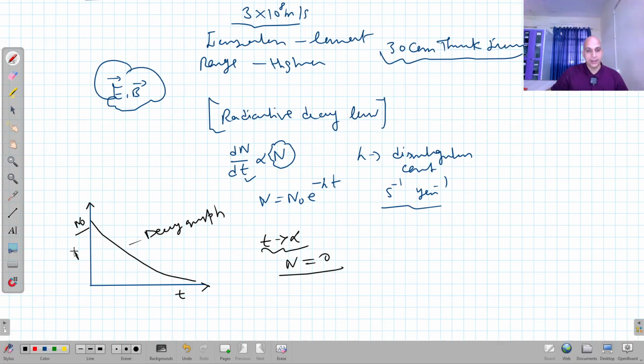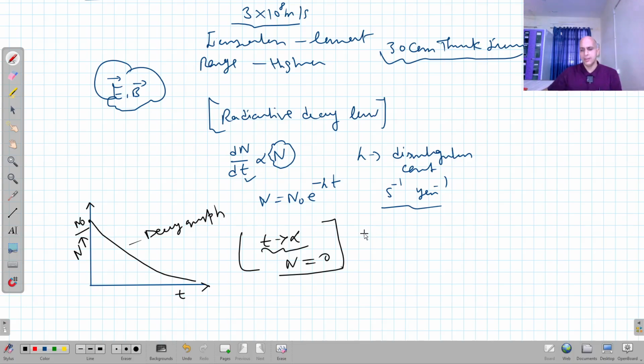So a question can be asked from here that the nuclei of a given radioactive material will decay completely when time becomes infinity. Only then will the left out nuclei in the material be equal to 0. So this is the graph and this is the meaning of it.